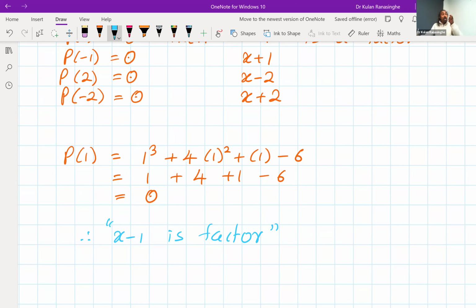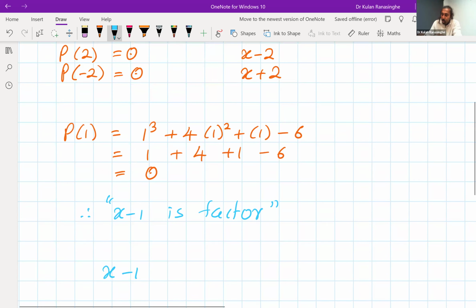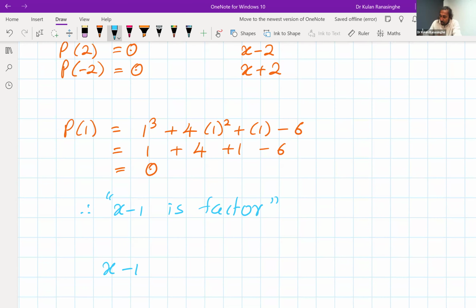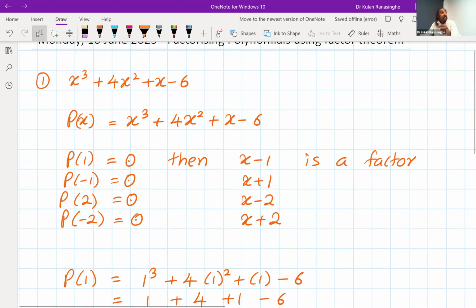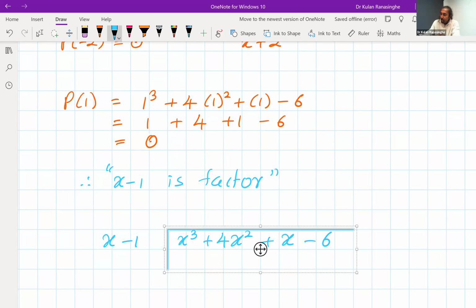If x minus 1 is a factor, then x minus 1 is a divisor of my polynomial, which is x cubed plus 4x squared plus x minus 6. You can divide this polynomial by x minus 1 nicely.